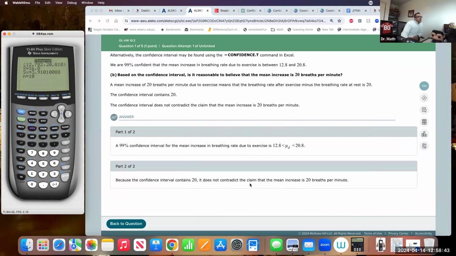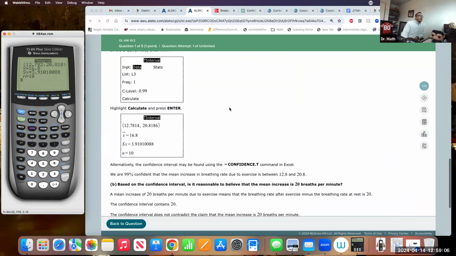So another way of saying this is that, yeah, we agree that the mean increase is 20 breaths per minute, right? We're in agreement with that because that 20 does fall within our range here. So I know it's a weird way that Alex here kind of states that, but just to highlight what it is that we found.